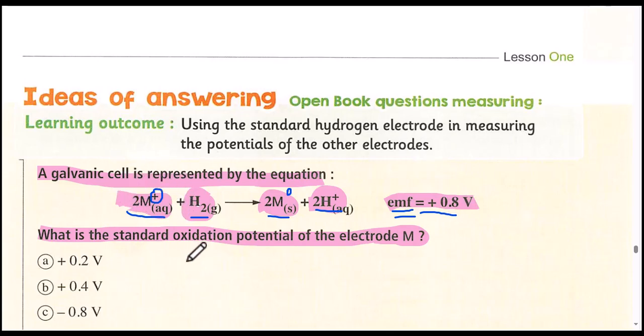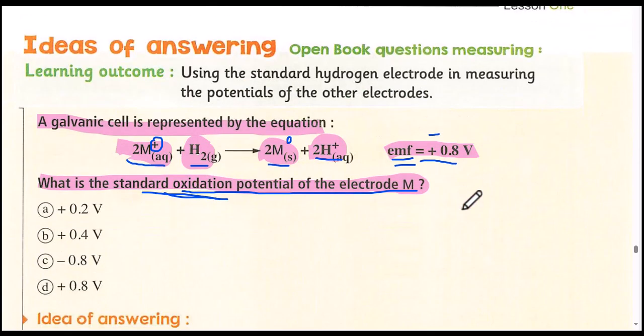But here he asks about the oxidation potential of the electrode M, and it equals negative this value, as the reduction potential of M as the cathode equals positive 0.8. So the oxidation potential of the same electrode M equals negative 0.8 volt.